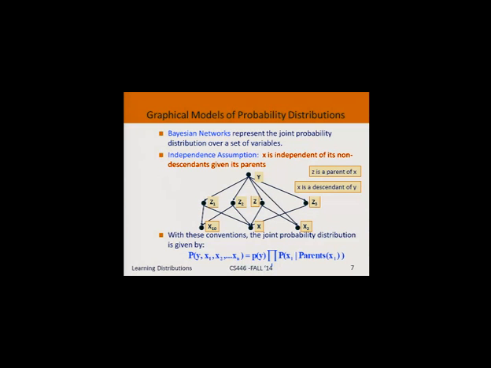This is not the only way to write the independence assumption. There are other ways, and I'm going to give you one other way later. But to me, this is the most convenient way to think about it. Why is it the most convenient way? Because with this convention, you can always write the joint probability distribution, P of Y, with all the variables, where in this case I have just a single Y here, as P of Y times the product of the probability of each variable given its parents.